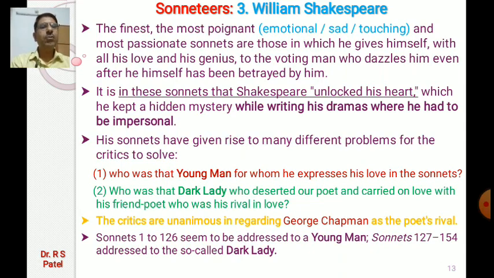And it is known to all of us that he, that young man, has betrayed William Shakespeare, and to that man he offers himself entirely. So these sonnets are expressive of the innermost feelings of William Shakespeare, where he has all his love for that young man.